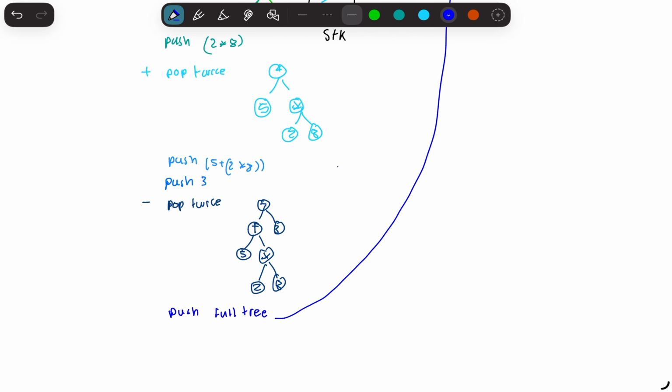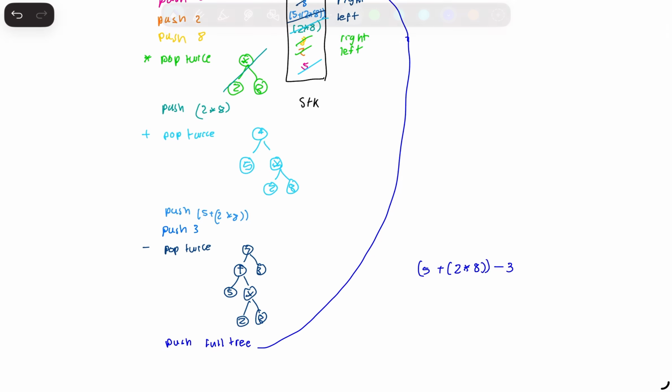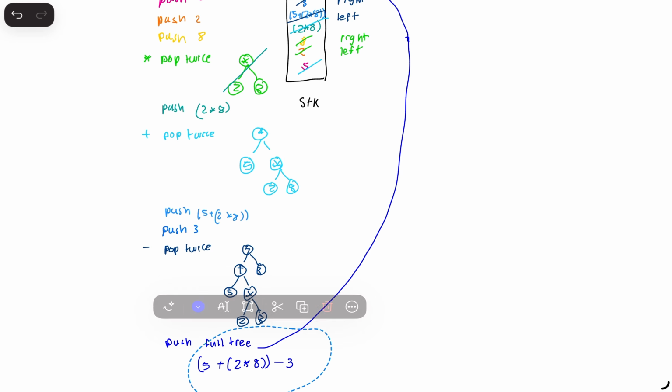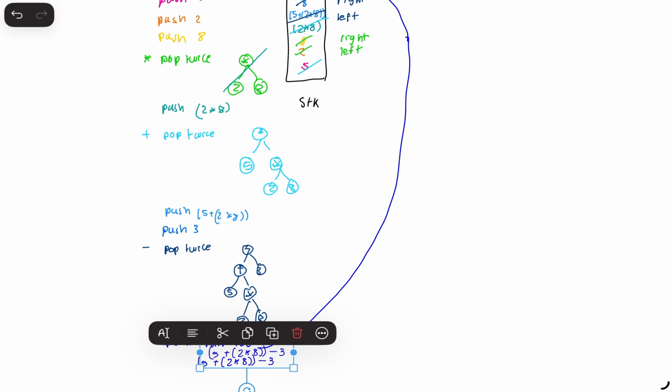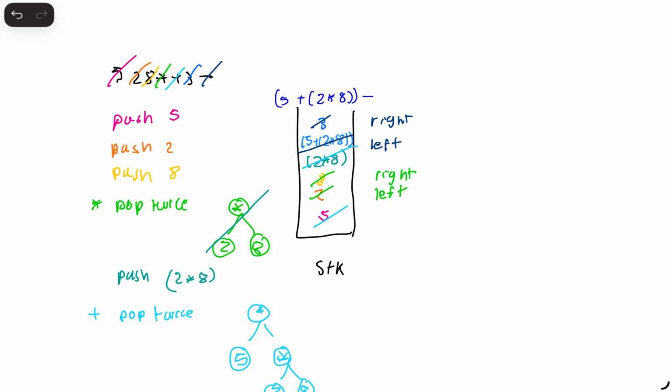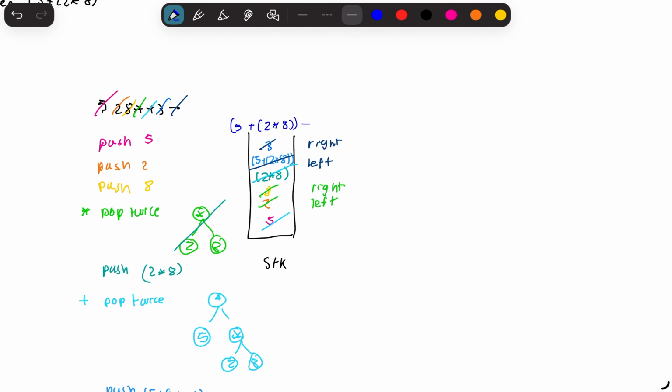That would be your 5 plus times your 2 times your 8 minus your 3. So then this whole entire thing would be on the stack right here. Minus 3. So that whole thing would be on the stack.